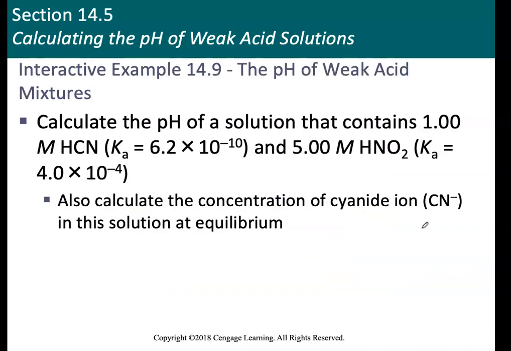Okay, I'll give you another different type of example here. You are given two acids. Look at this. You have hydrocyanic acid and nitrous acid. So here you're given 1 molar of hydrocyanic acid and you're given 5 molar of nitrous acid.